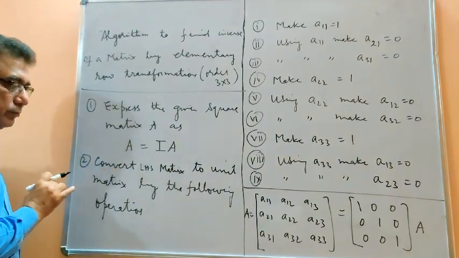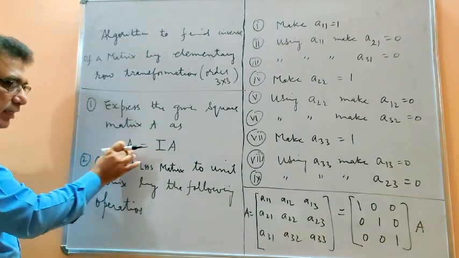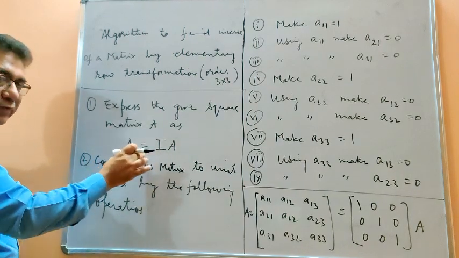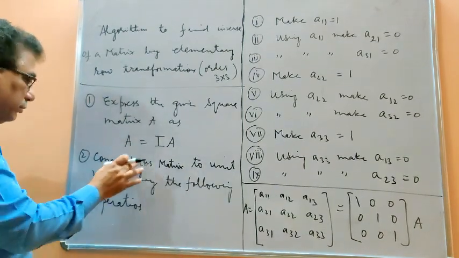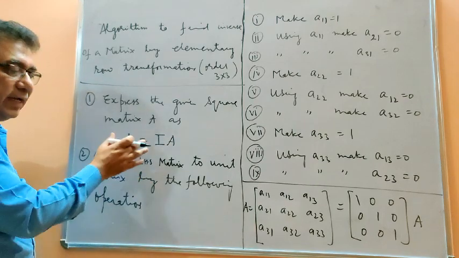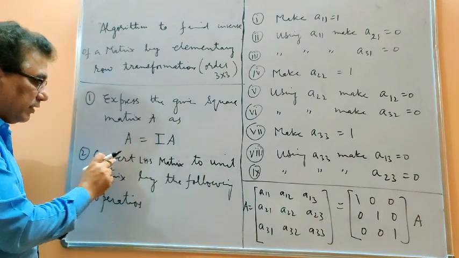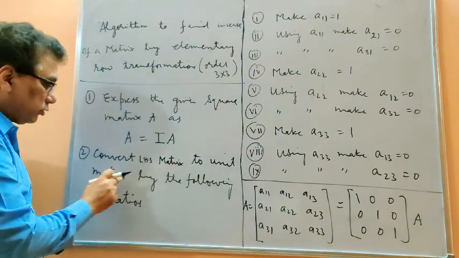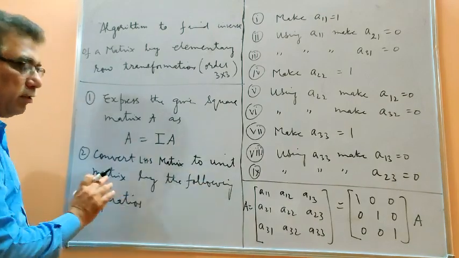Then the left hand matrix is A. This matrix we are going to convert into a unit matrix by elementary row transformations. The same I have written here: convert the left hand side matrix to a unit matrix by the following operations.